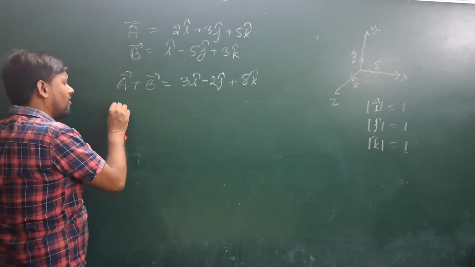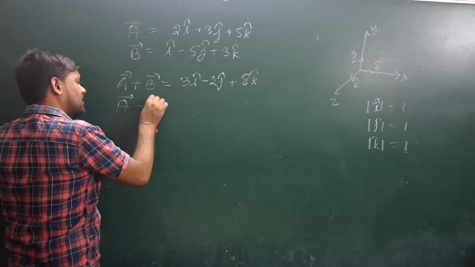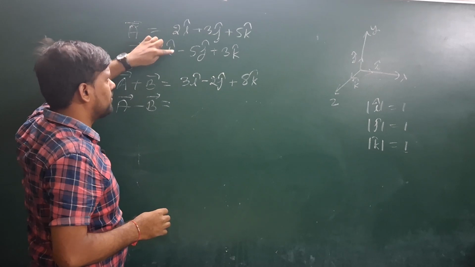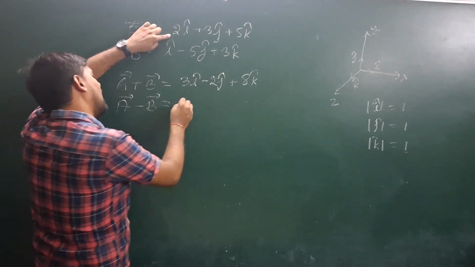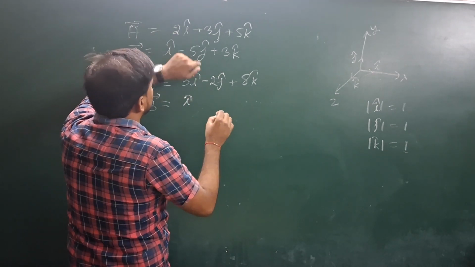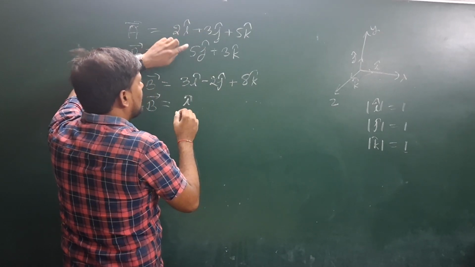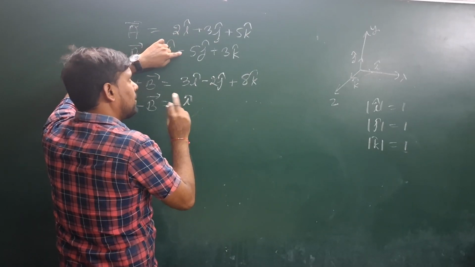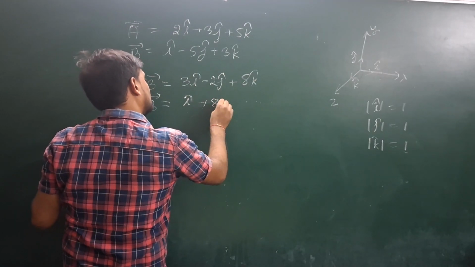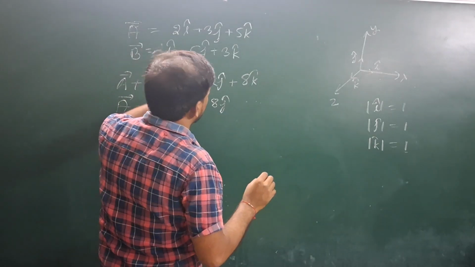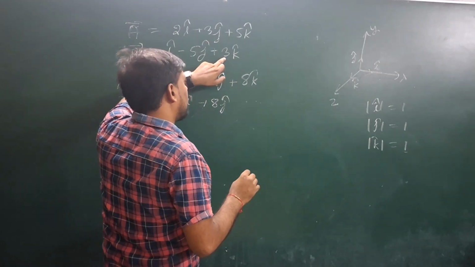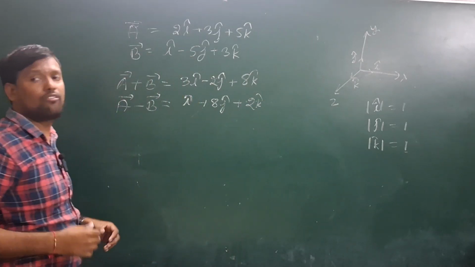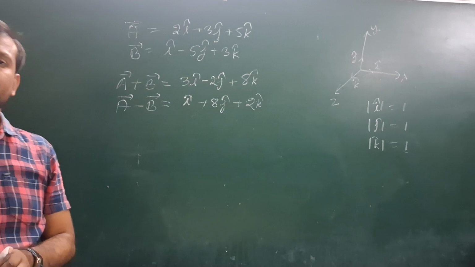Similarly, we apply it for subtraction. If we subtract 1i from 2i, we get i cap. 5j subtracted from 3j, minus minus becomes plus, we get 8j cap. Similarly, 5k minus 3k, we get 2k. This is the addition and subtraction of the two vector quantities.